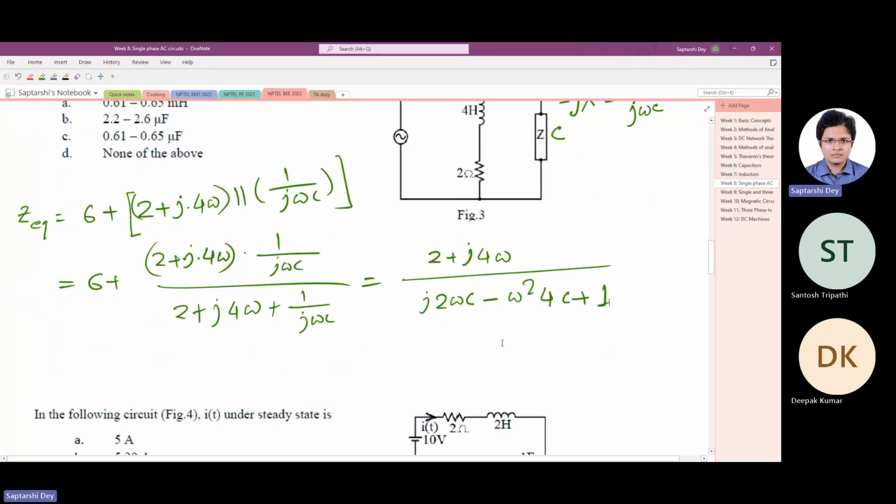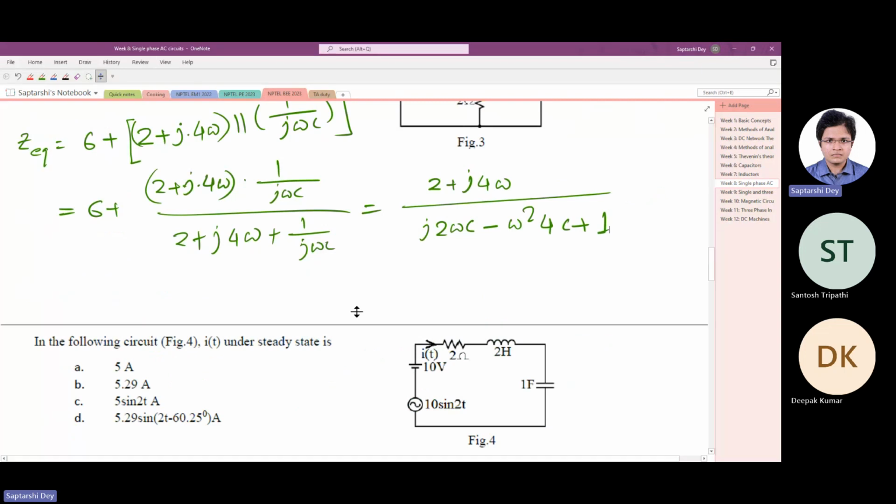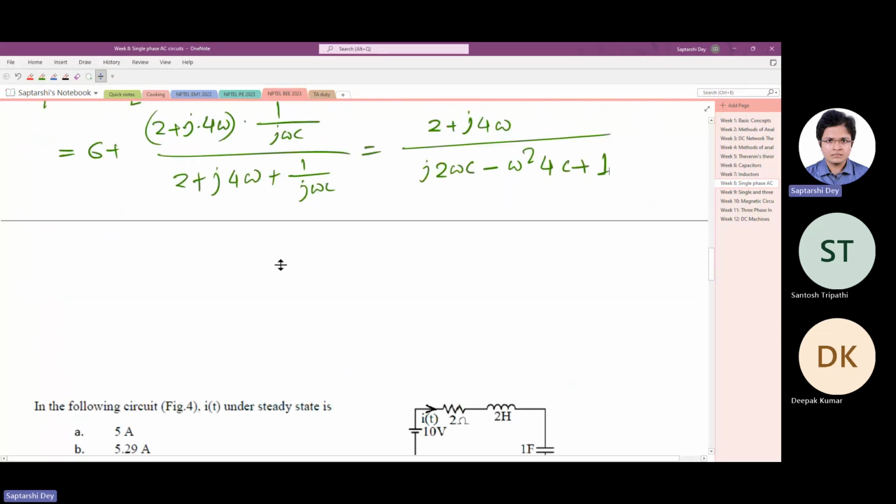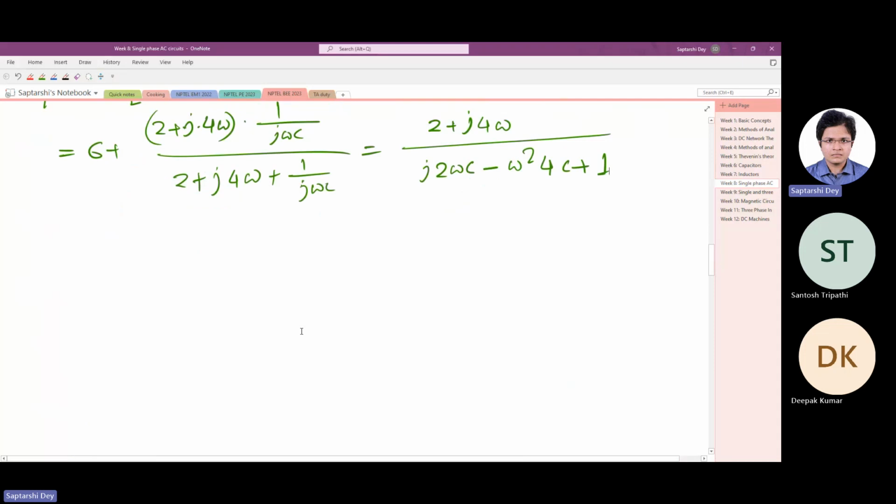Now, after this, it is known to you that you have to take the real parts together, imaginary parts together, and then multiply both numerator and denominator by the complement of the imaginary number that you are getting in the denominator.